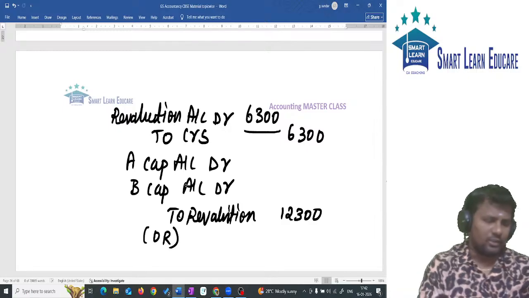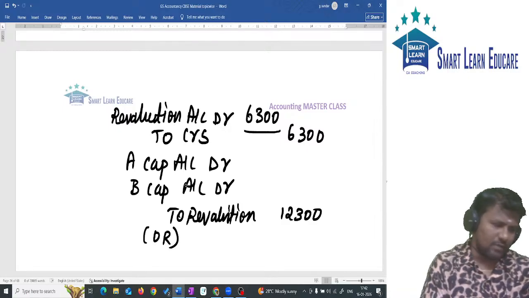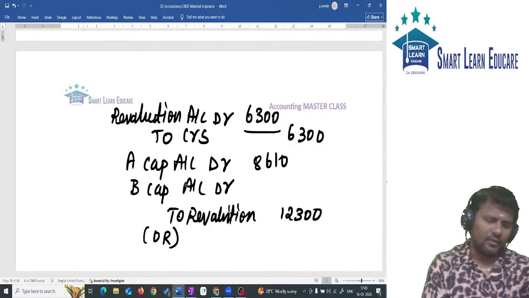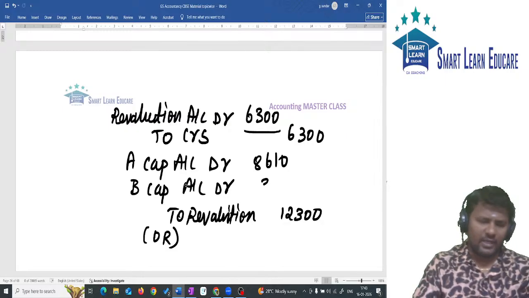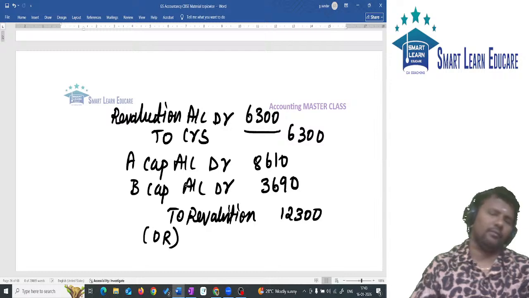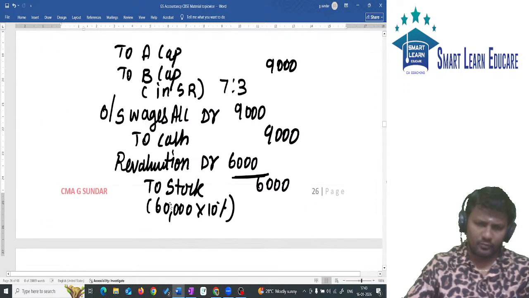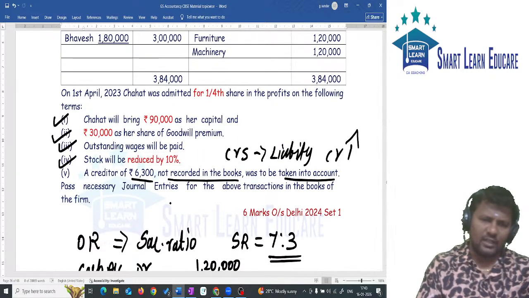If you share 12,300 in old ratio, what is the amount? 12,300 divided by 10 into 7, because profit sharing ratio is 7:3. So you will be getting 8,610 and another partner you will be getting 3,690. So revaluation amount is shared in what ratio? Old ratio.